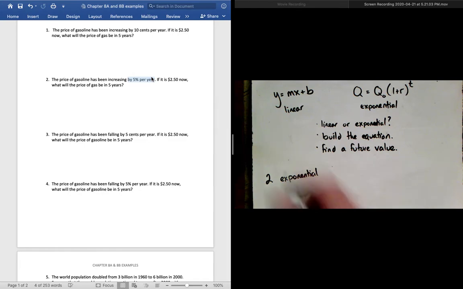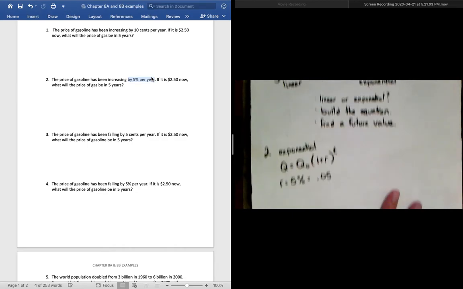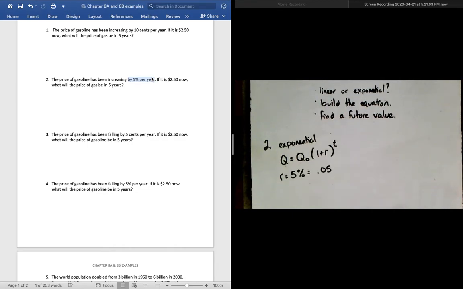We can build the equation. Remember, we start with Q is equal to Q naught times 1 plus R to power T. And here it said it's increasing by 5% per year. So our R is 5%. We always express R as a decimal in our calculations. In this case, 0.05. The Q naught is that initial value, which is $2.50.